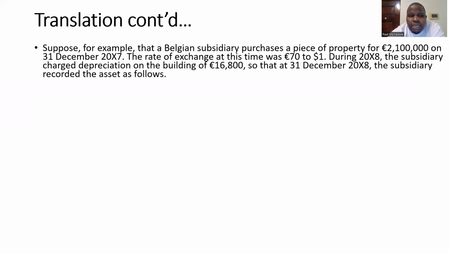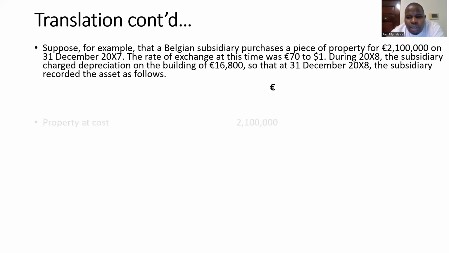So let's say, as an example, that a Beijing subsidiary purchases a piece of property at 2,100,000 euros on 31 December 2027. The rate of exchange at this time was 70 euro to $1 when the property was purchased. During 20X8, the subsidiary charged depreciation on the building of 16,800 euros, so that at 31st December 20X8, the subsidiary recorded the following.